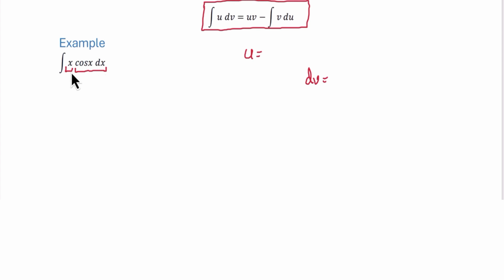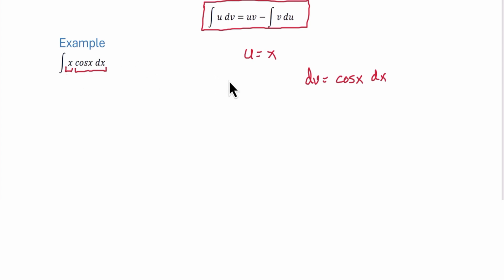For example, if we take the derivative of x, we get 1, which does get simpler. If we take the derivative of cosine x, we get negative sine x, which isn't much simpler. So let's let u be x and dv cosine x dx.